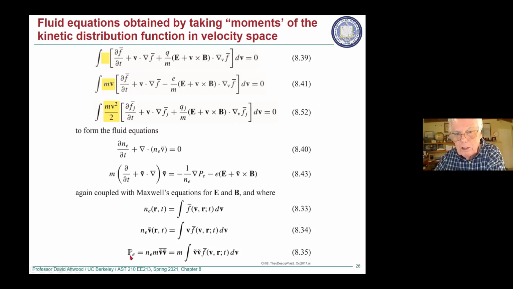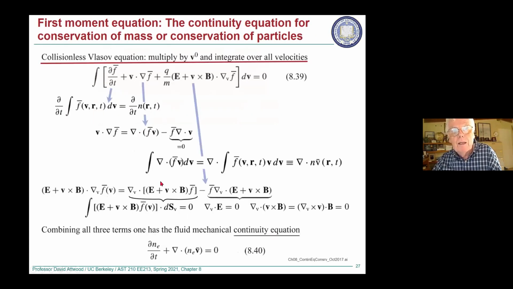And you'll see pressure. This is a pressure dyadic, where it's a product of fluctuation terms, which is pressure, but this could be a scalar. So it could be that the velocity can be represented as a scalar, and then you've got pressure as a VV term. So you can see it's an energy per unit volume. Those are the things that go in it, and from this you'll get the fluid equations.